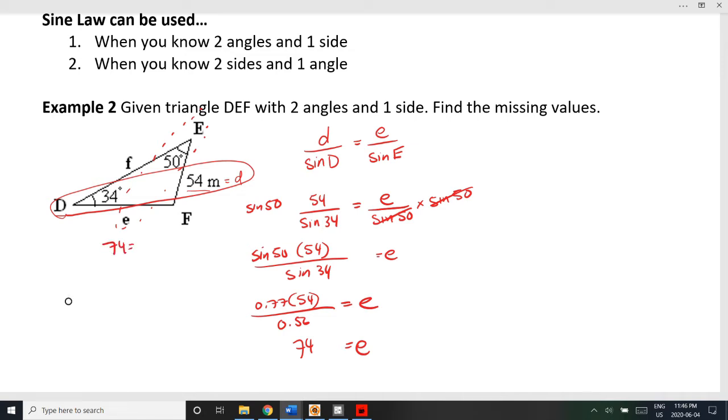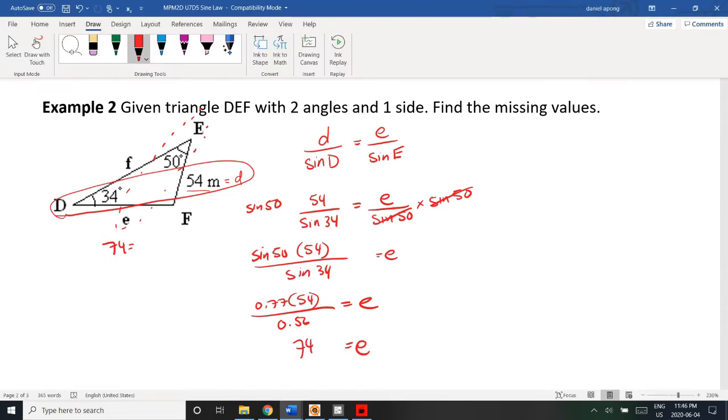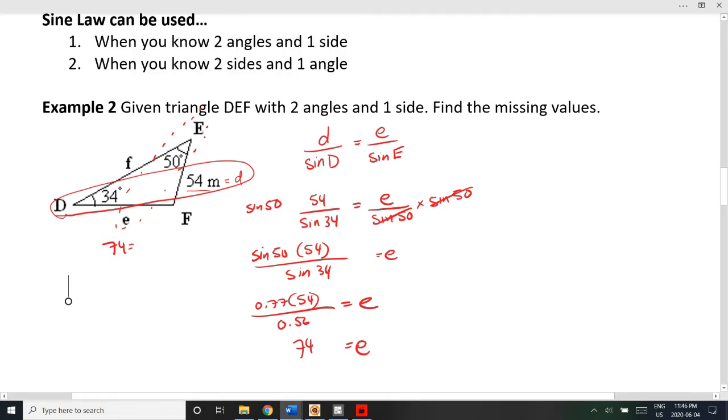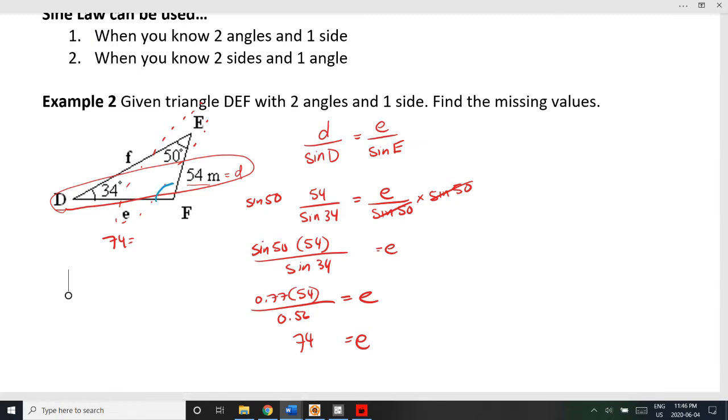Okay, now let's solve for F. So for F, we do need to find angle F to find side F using the sine law. But we can find angle F using just properties of a triangle. Angle F here just has to be the remaining angle. All the angles in a triangle have to equal 180.